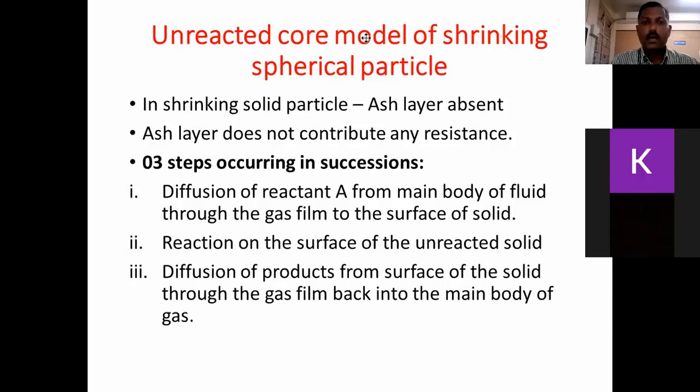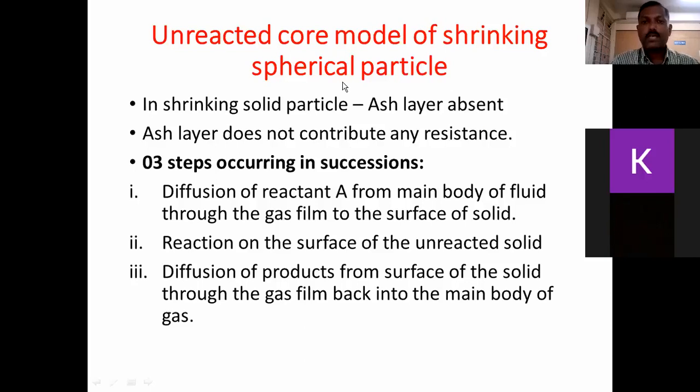In the same way, for the shrinking particle, the ash layer is absent. Only the remaining steps are there. These are important: the gas film formed on the surface, the surface reaction, and third, the diffusion of the product through the gas film.